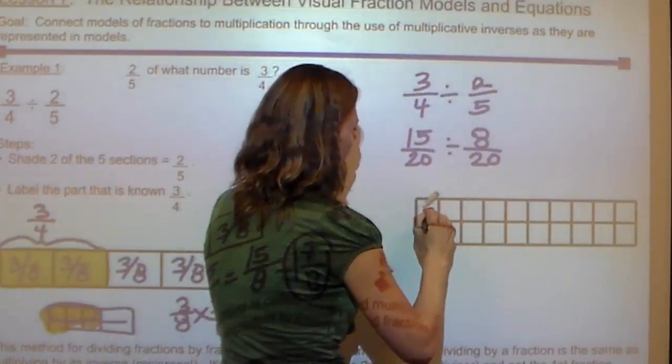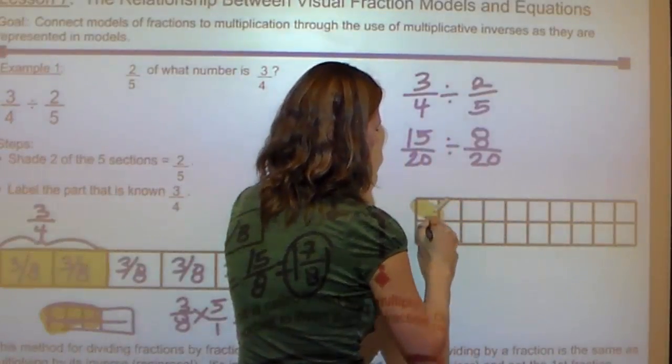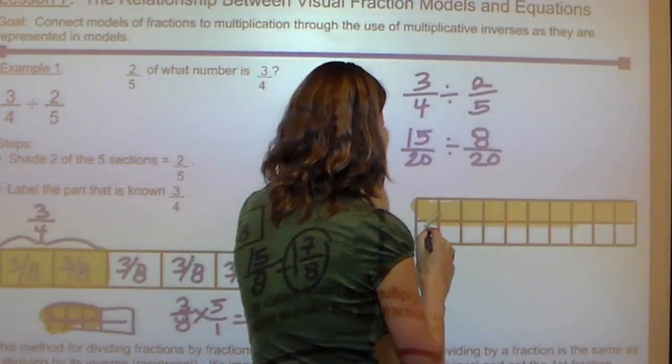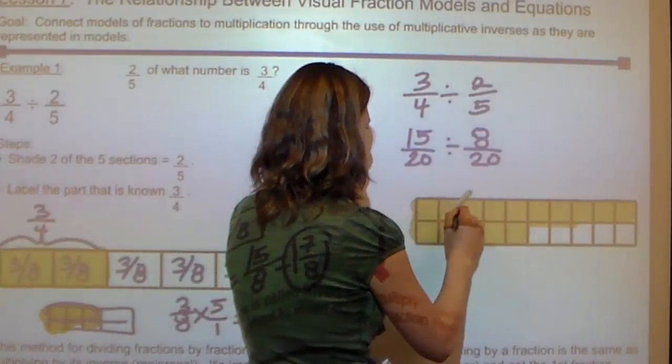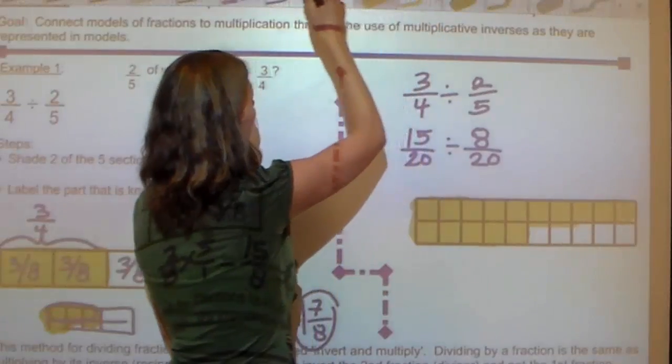So I could shade in 10/20. And another 1, 2, 3, 4, 5. This here shows 15/20, and now I want to find groups of 8/20.